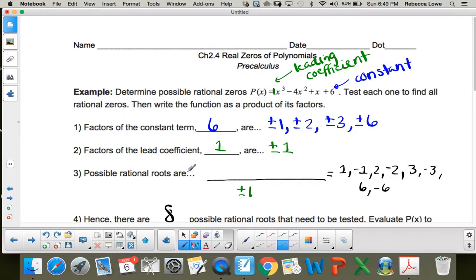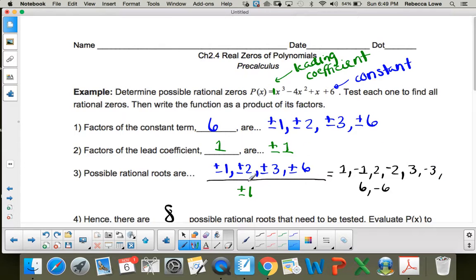Then you list the possible roots. The possible roots are the factors of the constant term, plus or minus 1, plus or minus 2, plus or minus 3, plus or minus 6, all divided by the possible factors of the leading coefficient. There could be so many combinations, but we are fortunate that we only have 8.